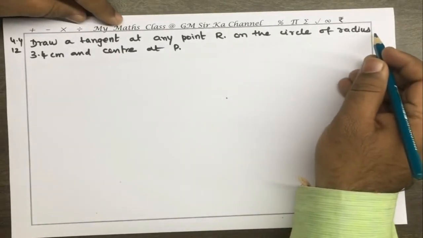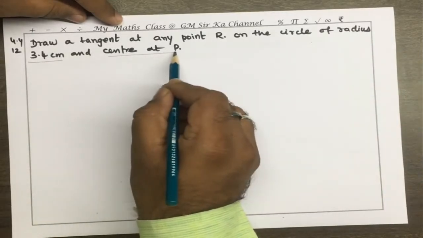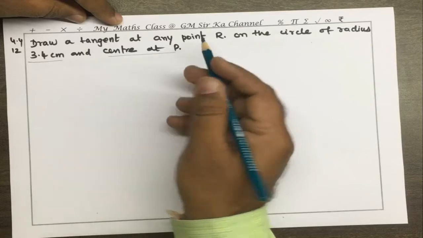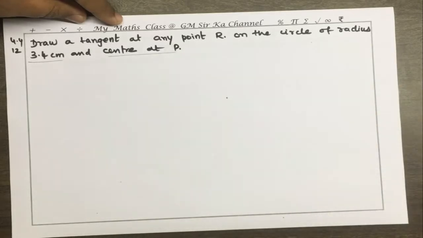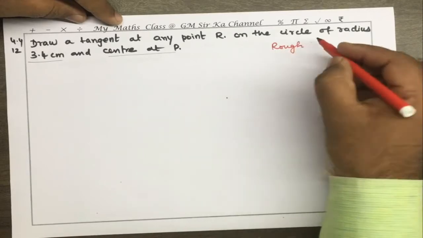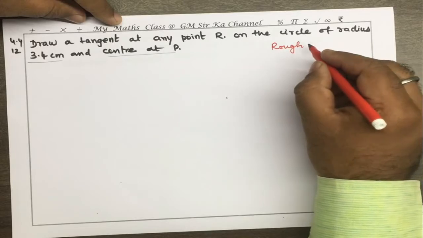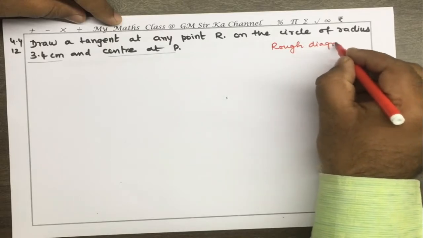Take any point R on the circle of radius 3.4 and the center at P. First of all we must have the rough diagram to get the idea of drawing the tangent.